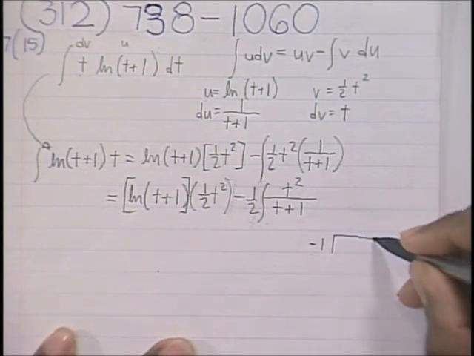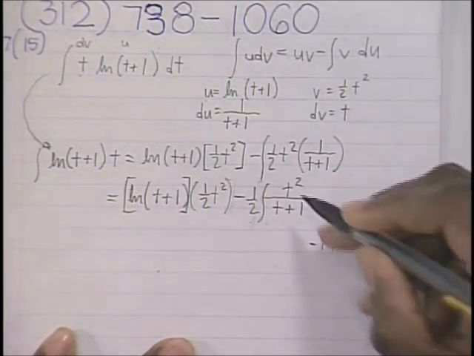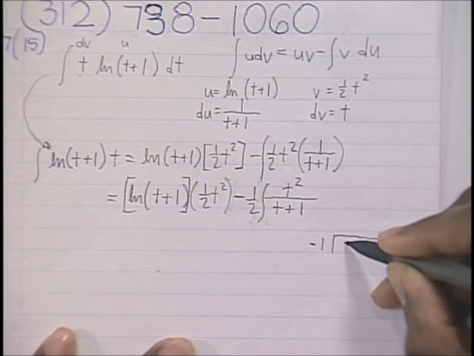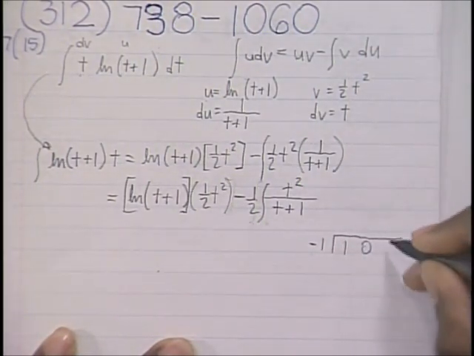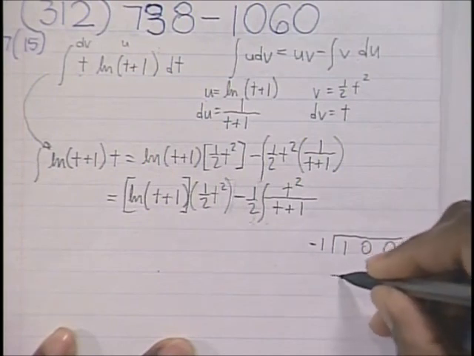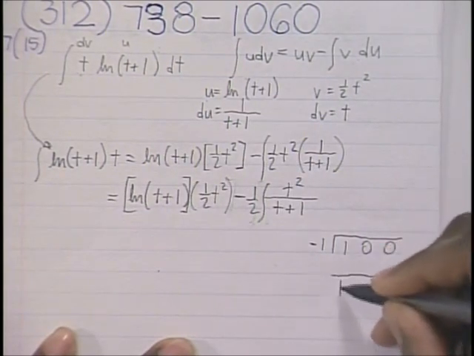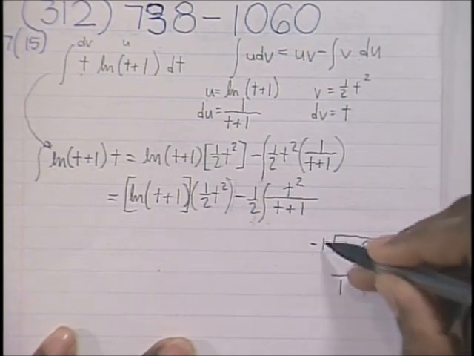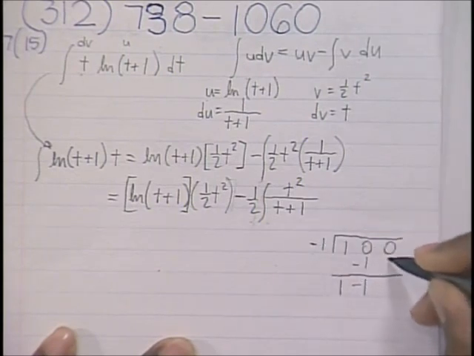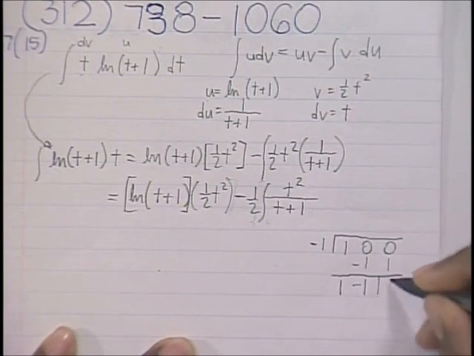You divide by -1, and the coefficients would be 1. The t term would be 0, and the constant would be 0. All right, let's try to divide that. You bring down the 1, you multiply, you get -1. You add, you get -1. You multiply again, you get 1. Then you add, you get 1.